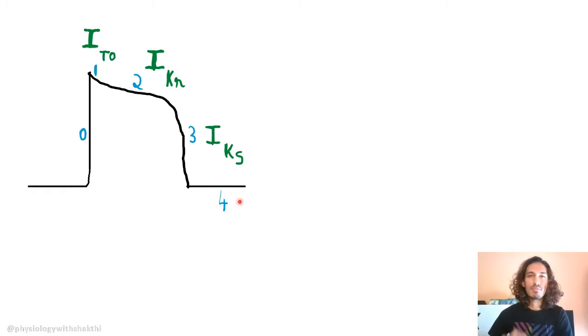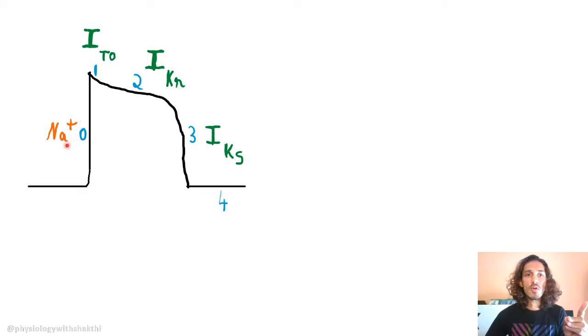These are important concepts that you need to understand. And this is the current that is generated because of that. Keep this in mind. We'll use this a little later.